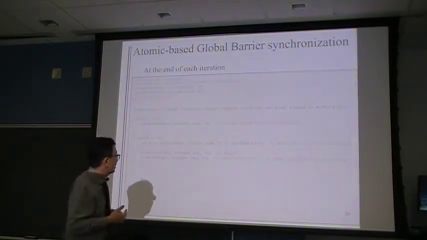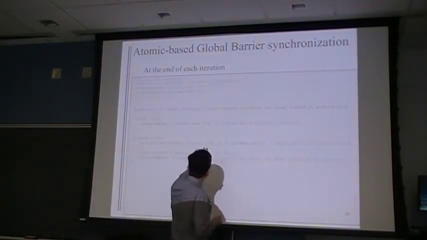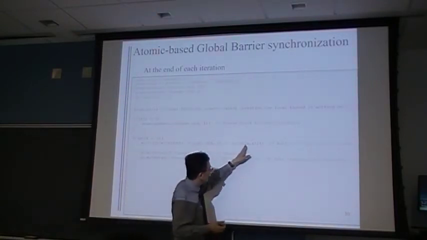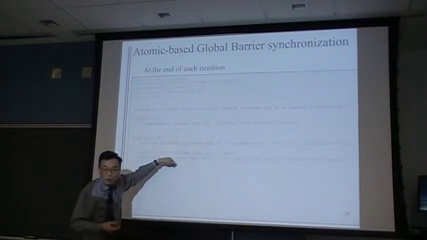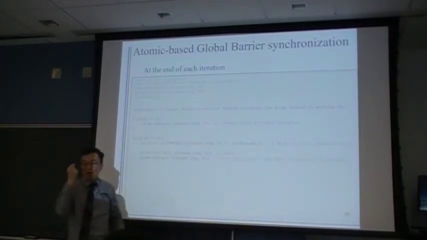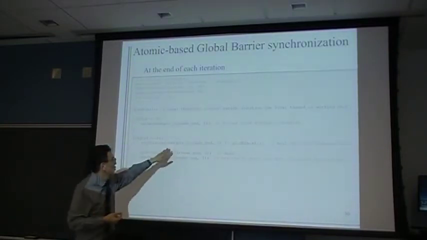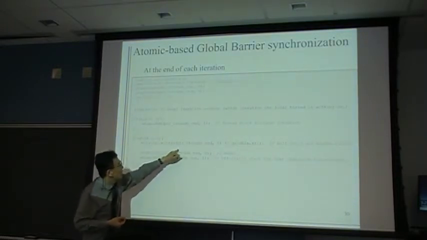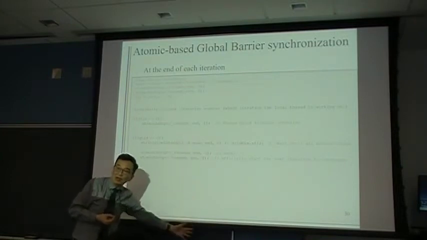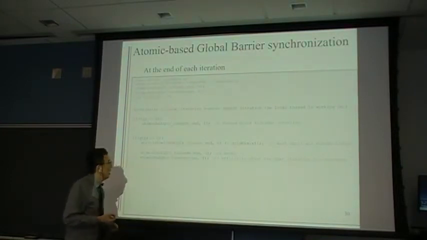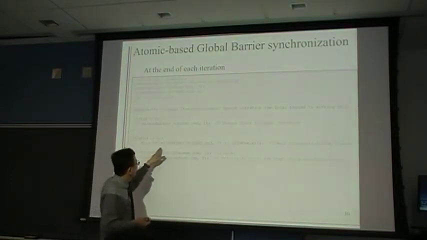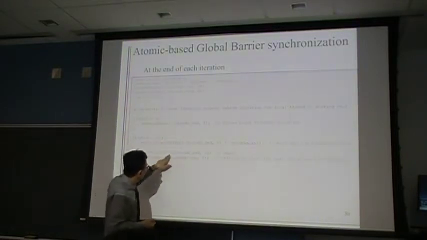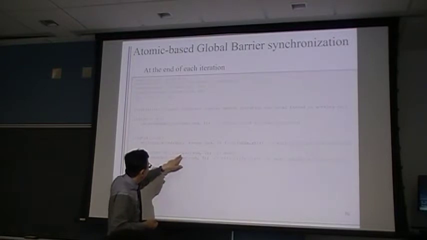That thread is going to just keep doing this until the value is grid dim, and then you will exit the while loop. So one of those threads will not finish this until it actually sees that all the thread blocks have gone through this. Okay? And then you'll have a kind of two atomic operations.